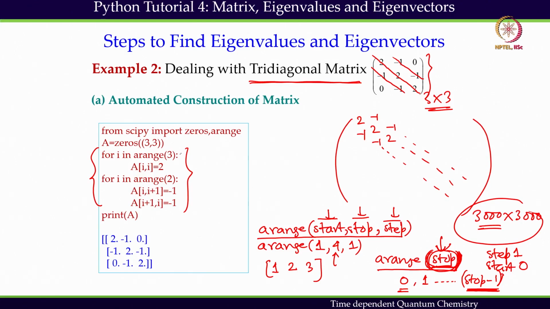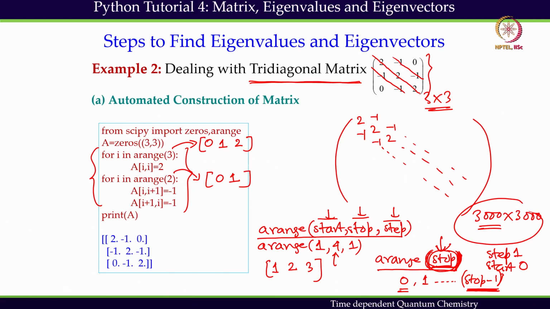If I say arange 3, it means I am getting the following list 0, 1, 2, and arange 2, I will get list 0, 1, 2 will be excluded. So, these are the lists I am getting, and this functionality we are going to use right now.